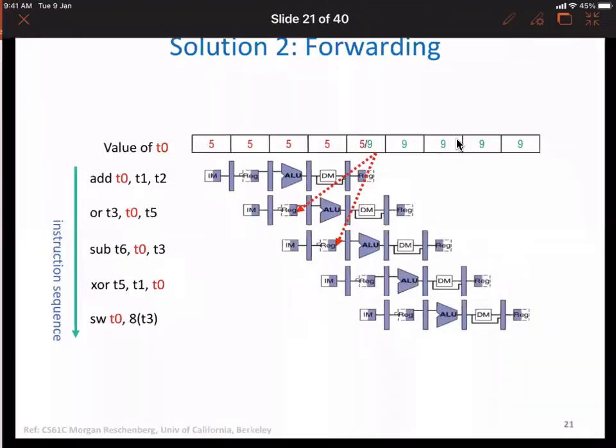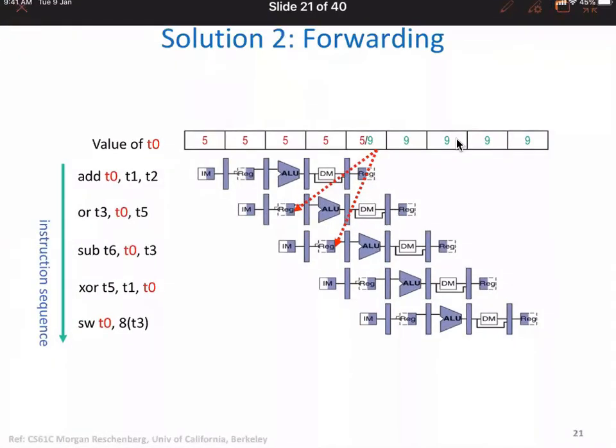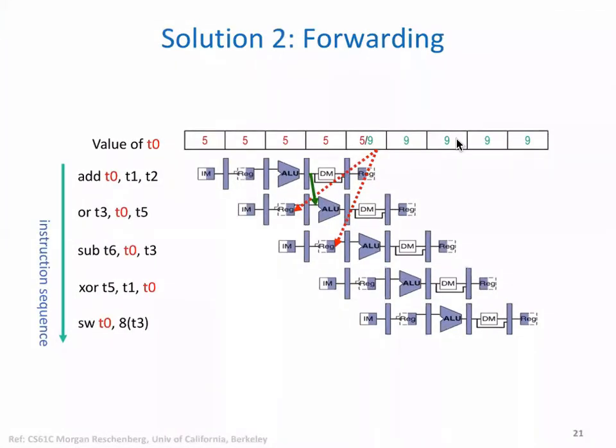I will just redo it. So we can forward the value; the green line shows forwarding here. As soon as the value is available, it can go to the input of the ALU for the next instruction, and then we can forward the same value from this register for use in the subtract instruction.